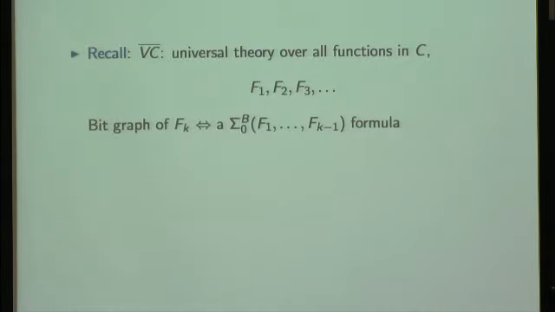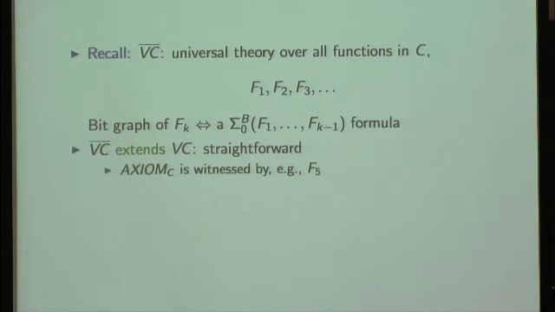So how do we prove that the universal theory is a conservative extension of the theory VC? It is straightforward to show that it extends VC, because the axiom C that we have in the theory can be witnessed by some function in the list.